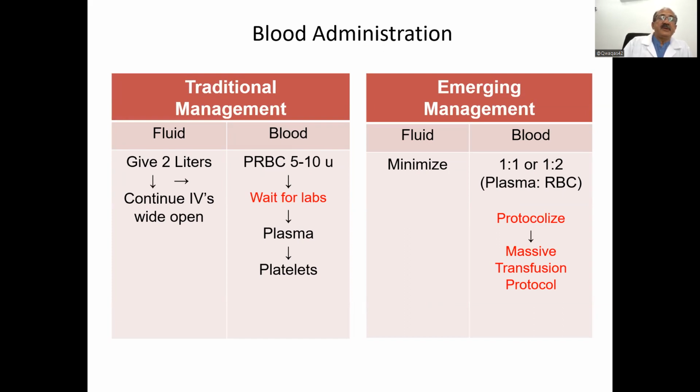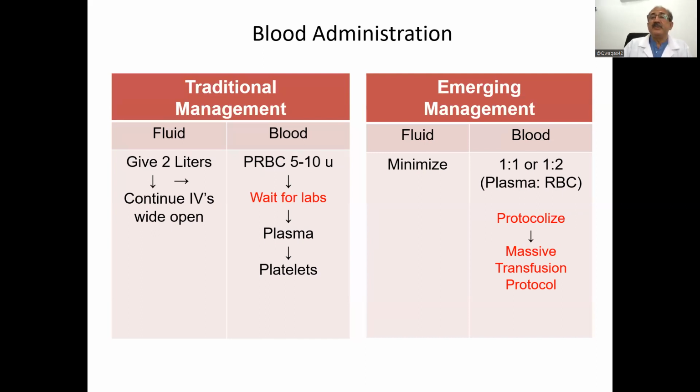Blood administration. Previously, in the traditional management, we used to give at least 2 liters of fluids and continue the IV wide open. Later on, we used to think about packed cells. After giving some packed cells, we had to wait for the labs, and then decide whether to give plasma or platelets.